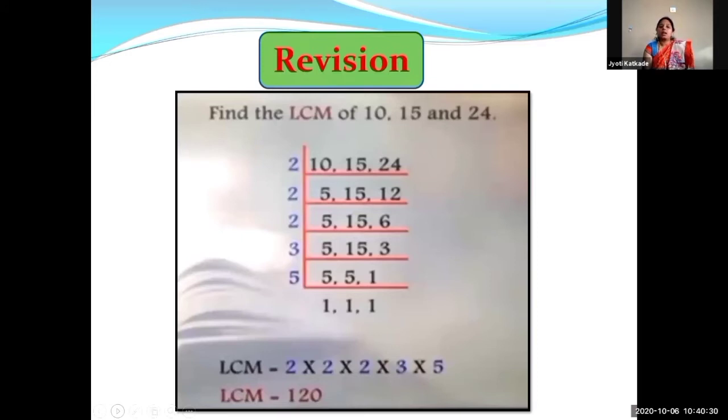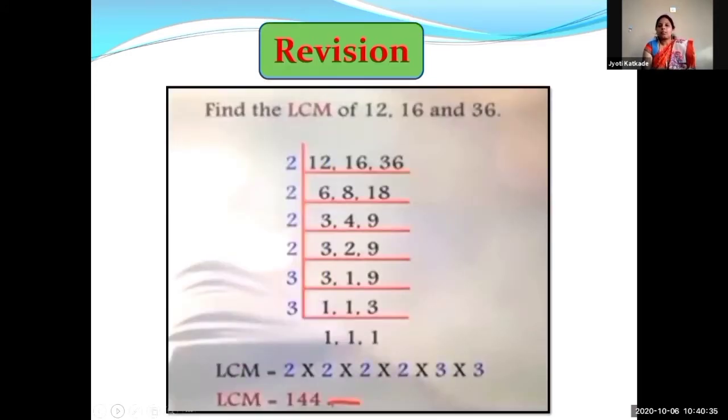Now, the second example of LCM is: find the LCM of 12, 16 and 36. First of all, we have to write the numbers separated by commas, 12, 16 and 36. Now find the lowest prime factor, that is 2.